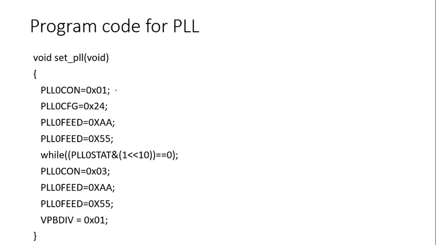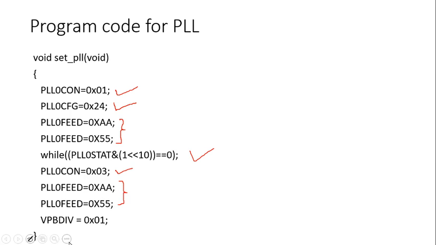First you write the control register equal to 1 to enable it, then configure it for the typical M cell value of 4 and P cell value of 2. To make it effective, you give the feed sequence of AA and 55, wait for the lock period, then connect the PLL, and to make it effective, you again give the feed sequence.